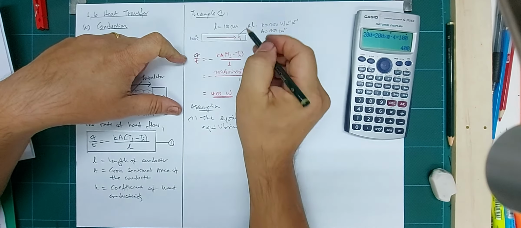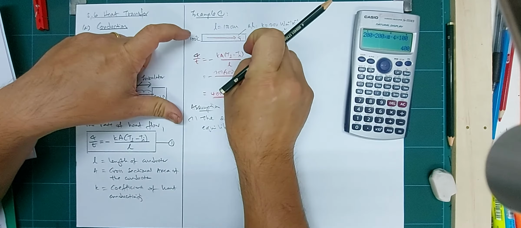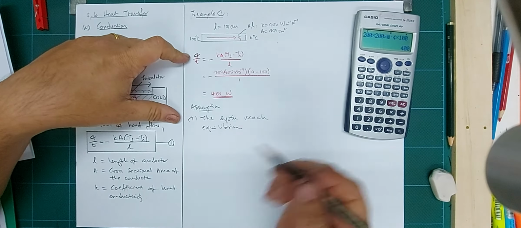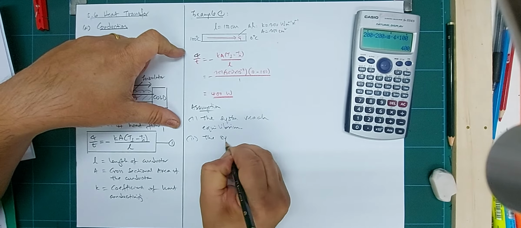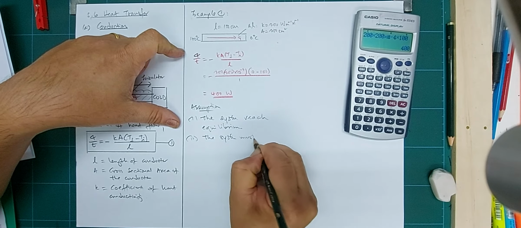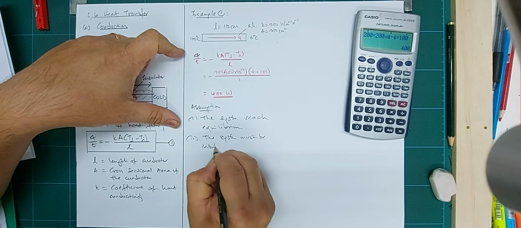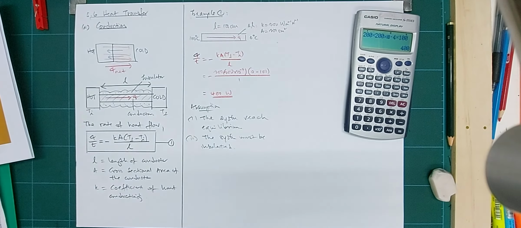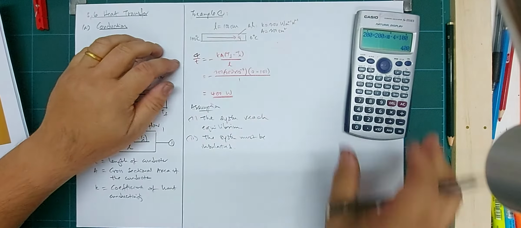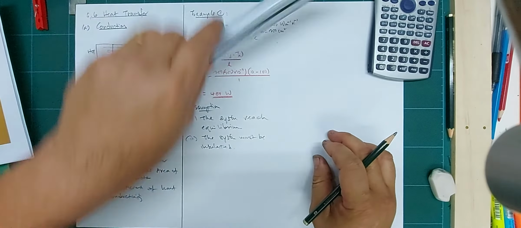That means you cannot simply put the conductor in between the two and start to calculate. You have to wait for it to reach equilibrium. Number two: the system must be insulated. If not insulated, you cannot use this to calculate because it's not uniform. So that is one example.